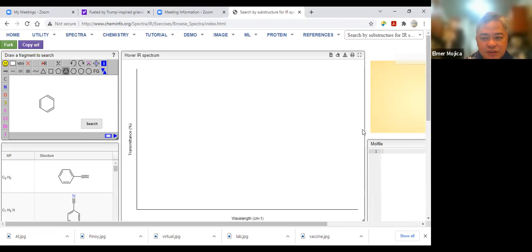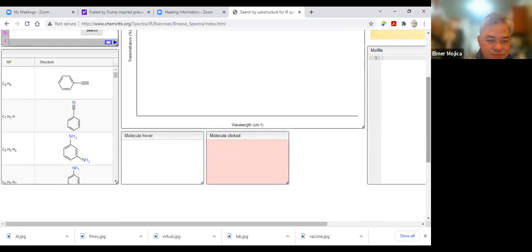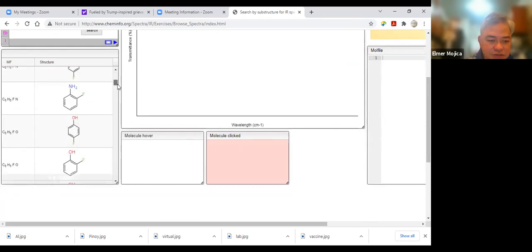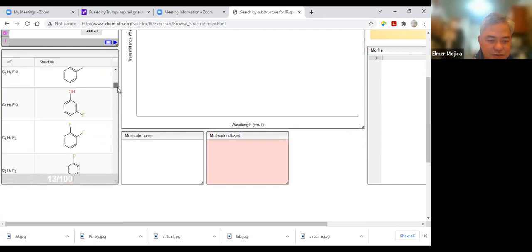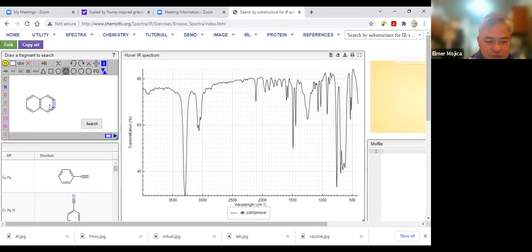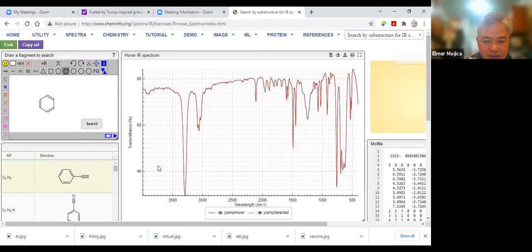So what you're going to do is, if you choose one of them, it's going to bring you to, let's say, maybe I'll just use benzene, like this one. I can have this acetonitrile, benzonitrile.